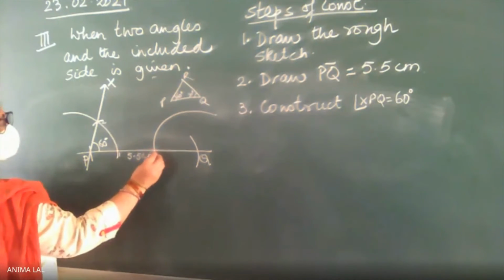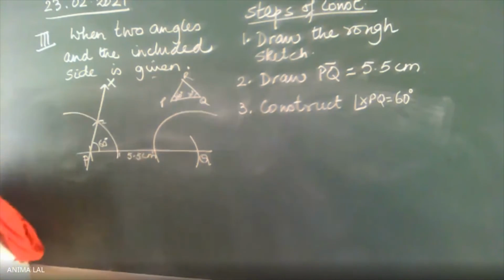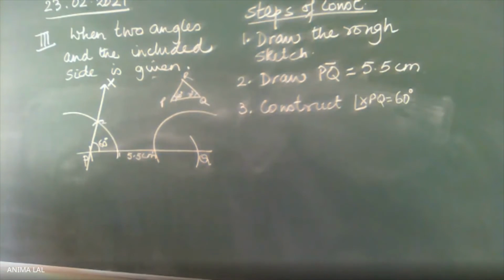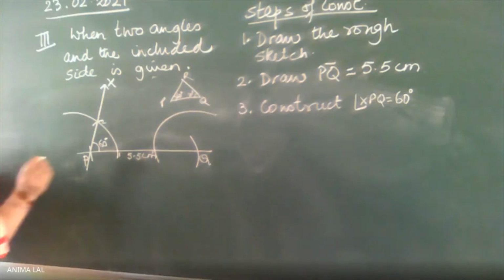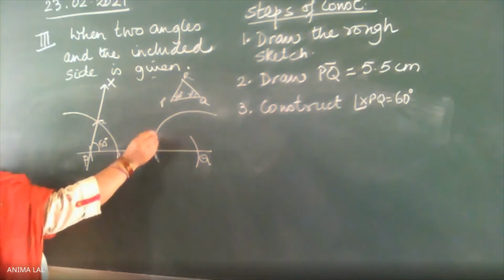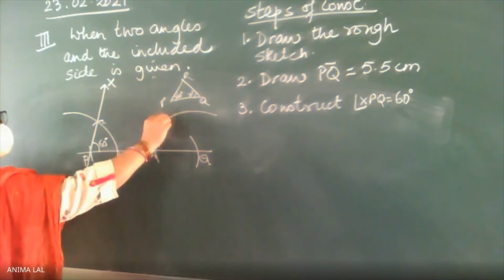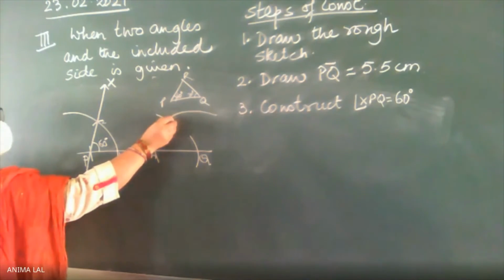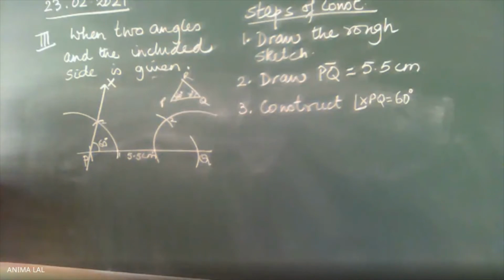At this point, we are getting point 1. Without changing the radius, put your compass point at 1. Draw an arc on the big arc to get point 2.